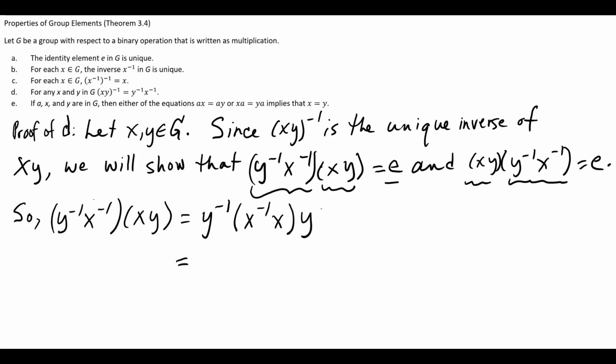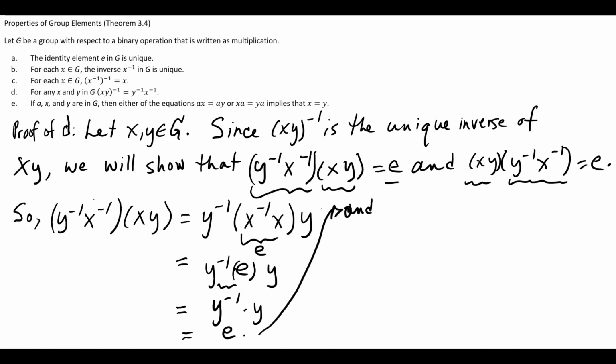But what's in the middle is just e. y inverse times e times y. Well, what is y inverse times e? y inverse times e just gives you y inverse, and I'm left with times y, and we know that this gives us e.